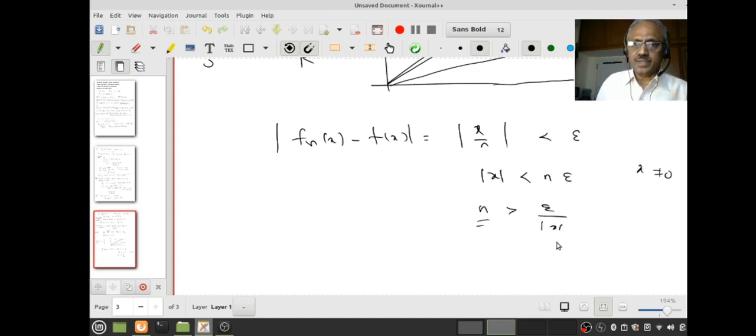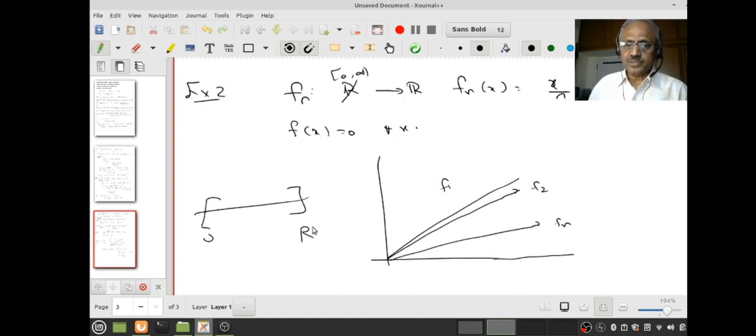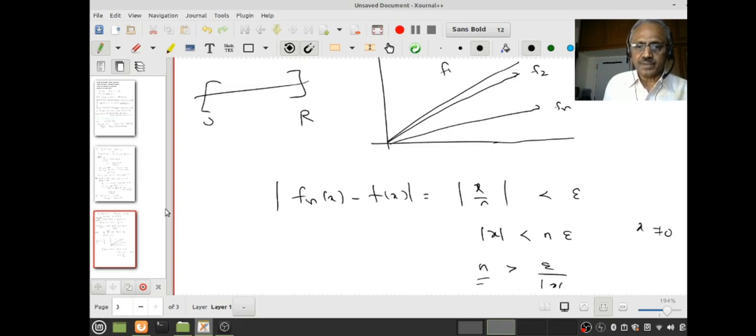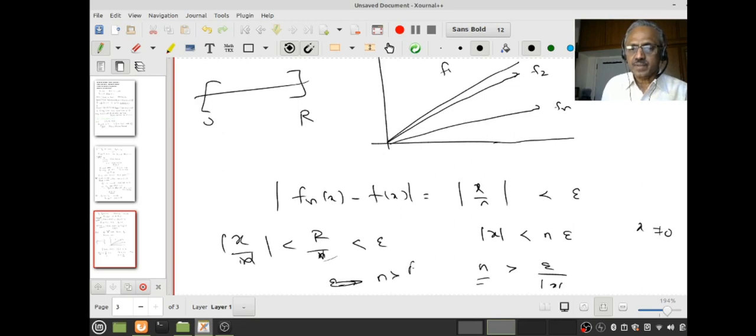But remember, if my x is confined only between 0 and r, then I have a better estimate. Mod x by n will be less than r by n, and this estimate is independent of x. Therefore if I make sure this is less than epsilon, I am through. That means n must be greater than r by epsilon. Now this is independent of x.